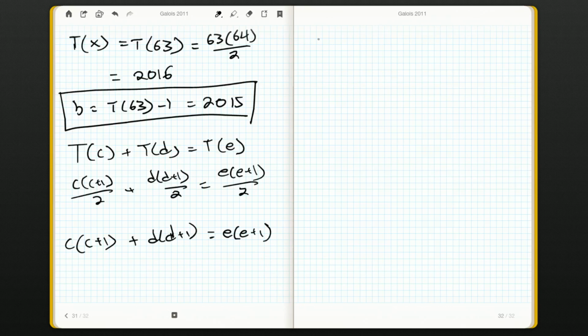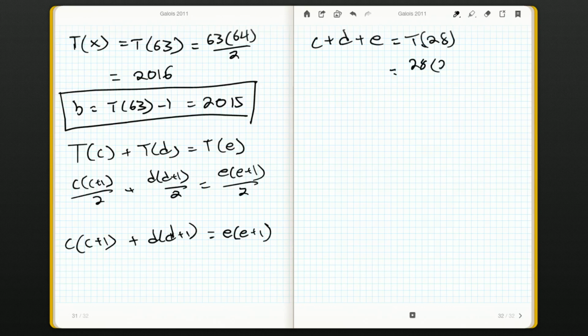So that was the first thing we noticed, and we also know that c plus d plus e is T of 28. Now that's a very specific value. Let's work it out. 28 times (28 plus 1) over 2. Well, that's 28 times 29, all divided by 2. That's 406.